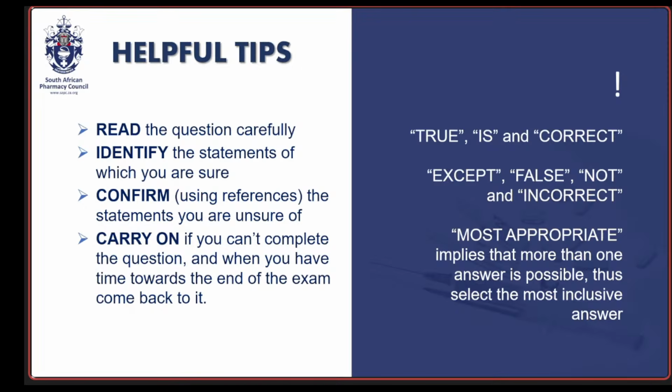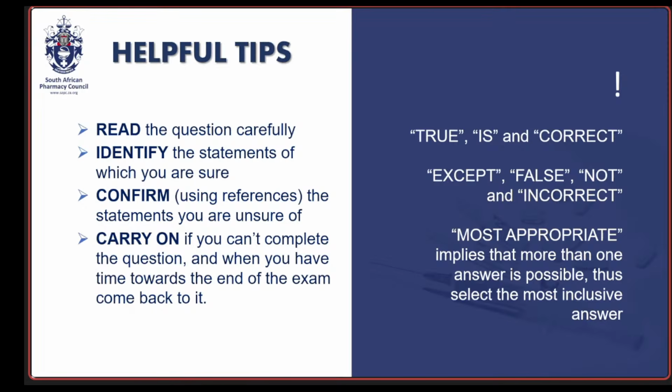Then you can come back later and maybe you are more relaxed and you can get to the answer more easily. So some of the terms that are used in the questions are true, is, and correct. So if you see those, you know that there is only one correct answer. If you see terms like except, false, not, incorrect, you know that you must now answer something that is not fitting, and it will also be only one answer per question that is applicable.